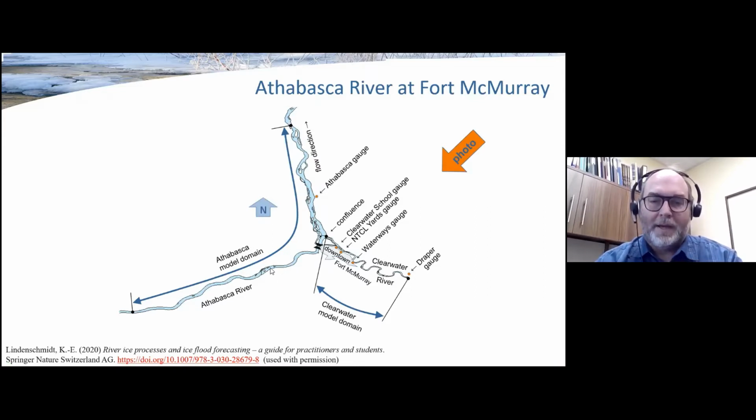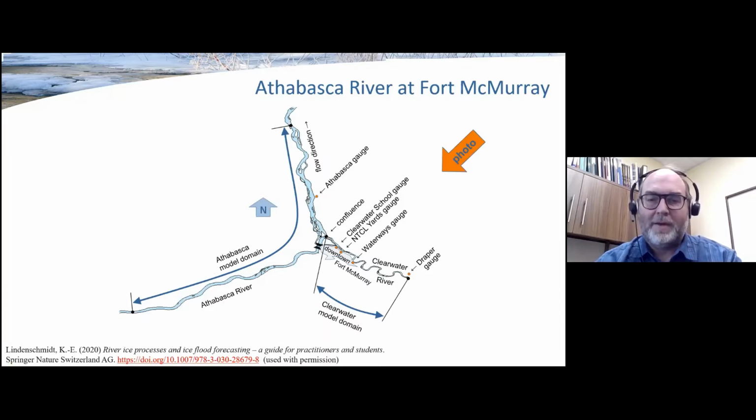There's a transition from a very steep area down into this flatter lowland area. The ice that flows downstream does get hooked up in these islands, which can cause jamming.